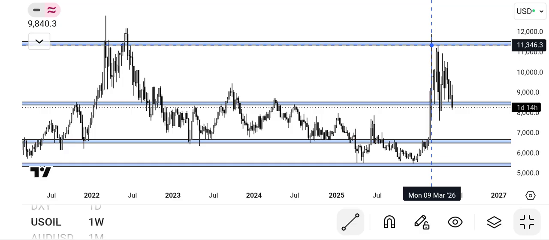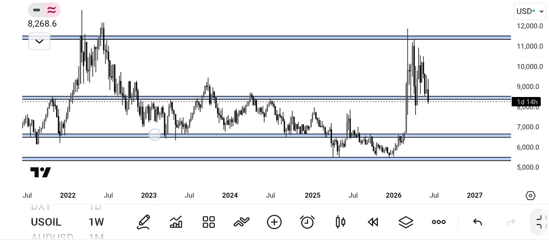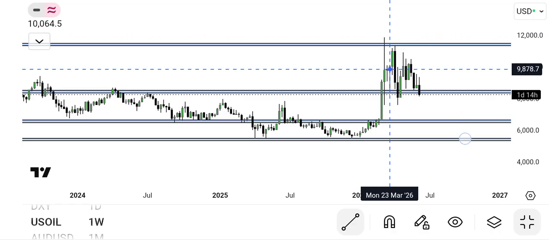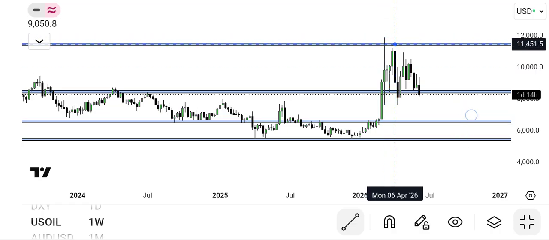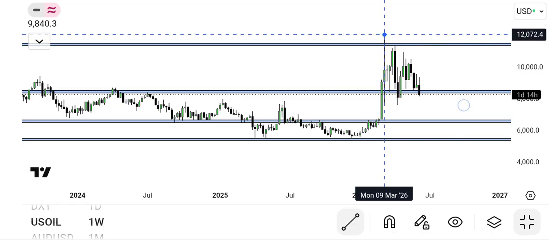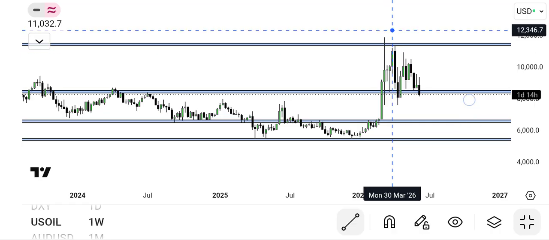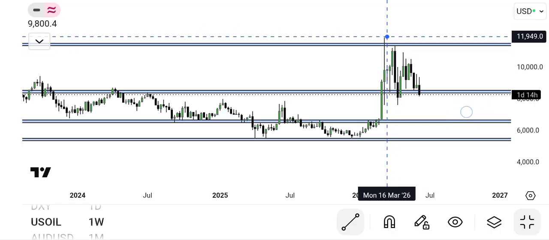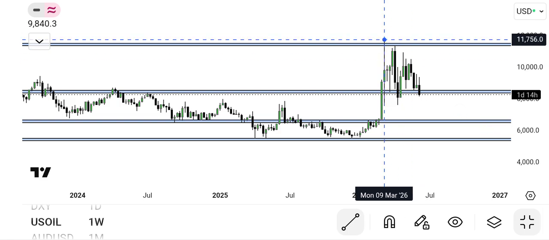Now, anytime you see the market creating highs, this one is the high, the next one is no higher than it, the next other one is no higher than it, then just know that the market is losing interest in continuing its uptrend.